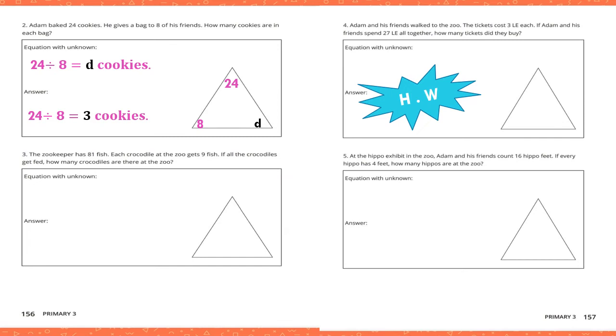So, I will write in the fact family triangle 81 in the upper and 9 in the below and x for the unknown number. So, 81 divided by 9 equals x crocodiles. It's like what times 9 equals 81? 9 crocodiles.